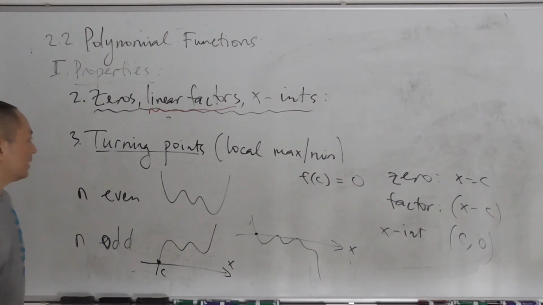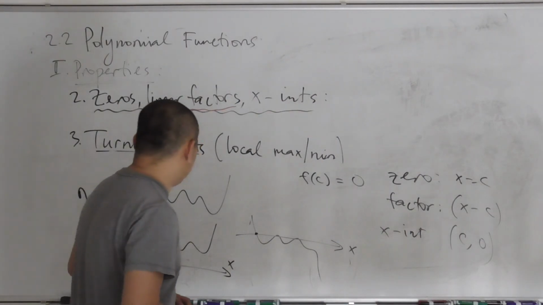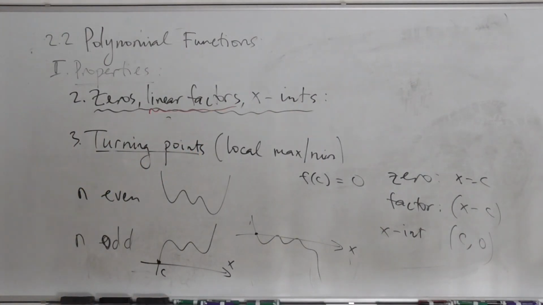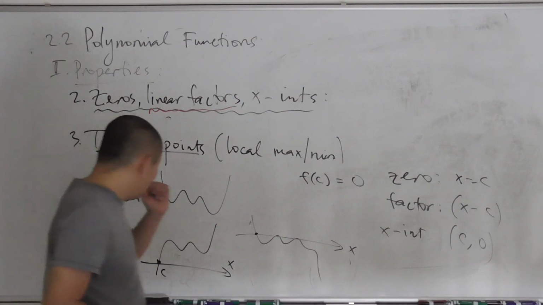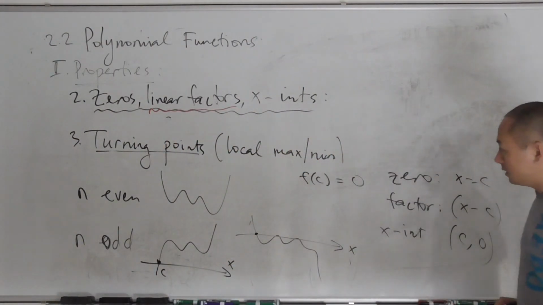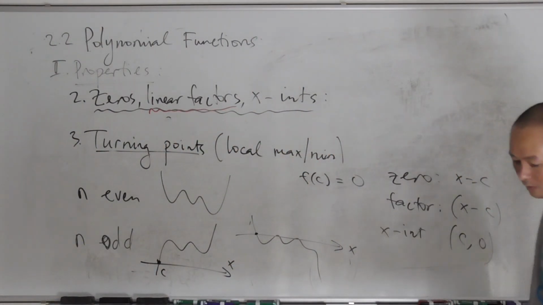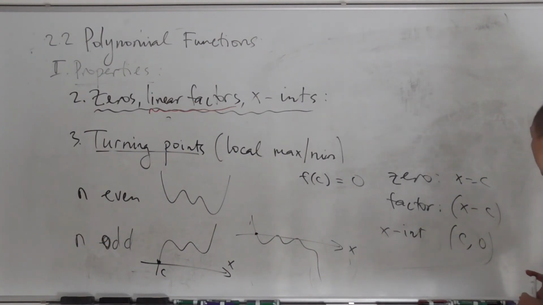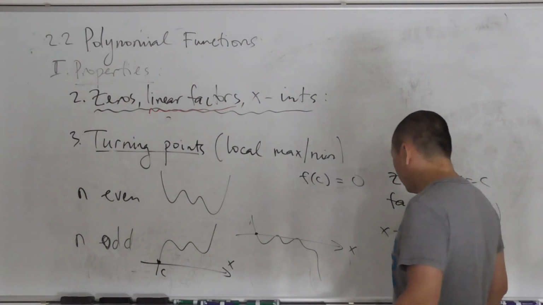Okay, that is a little bit more from our textbook. Just want to show you the use of the turning points and the property of polynomial. Okay, last item for this section, I will talk about a very important theorem. It's called the intermediate value theorem. Let me erase the board.